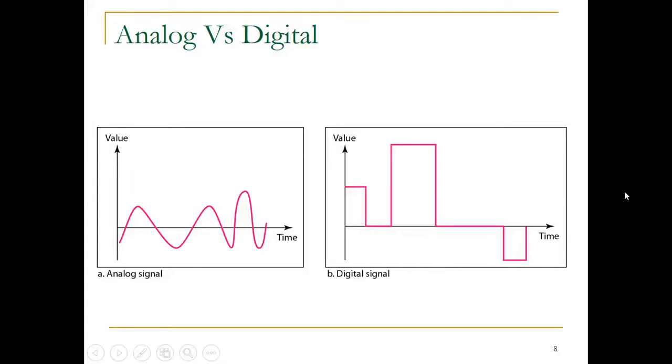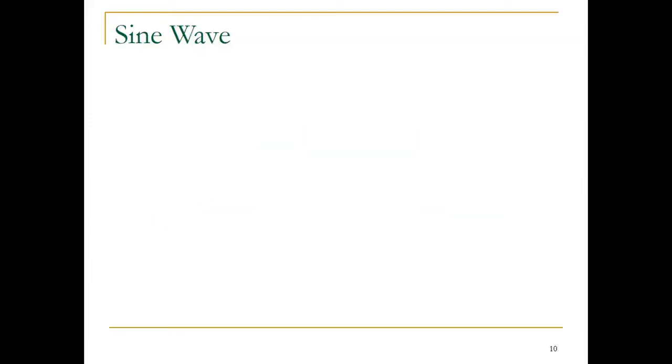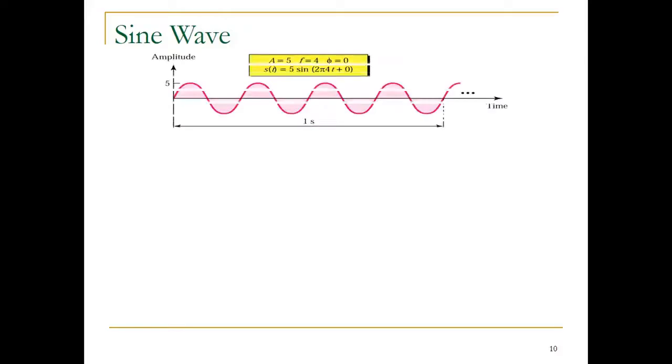So now let's take analog and digital one by one and see what are some of the properties that we need to be looking at in terms of their representation on a given medium. As usually they say, analog signals are more of a sine wave, which means they would have an amplitude that corresponds to a time frame.